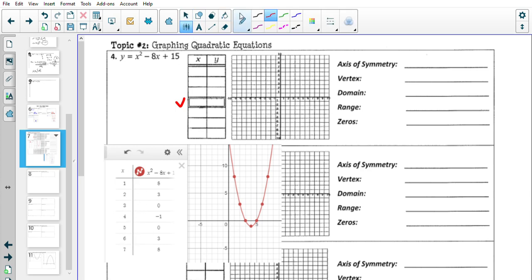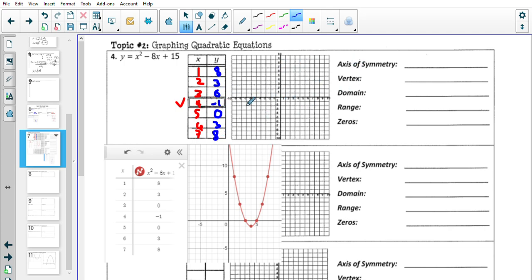Okay, so right away I can put in those values of 1, 2, 3, 4, 5, 6, and 7. And they have y values of 8, 3, 0, negative 1, and then those repeat 0, 3, and 8.